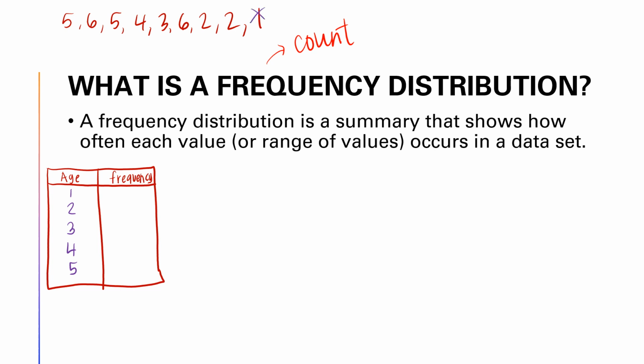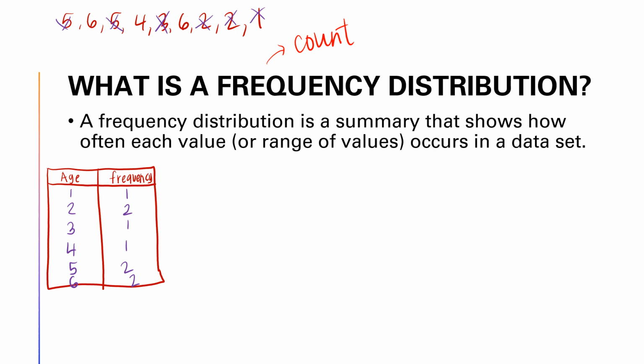That was just once, so the frequency is 1. How many times did the age 2 occur? 1, 2 times. The age of 3 occurred only once. The age of 4 occurred once. The age 5 occurred twice. And then I left 6 off, so let's add them on. There were 2 6-year-olds.